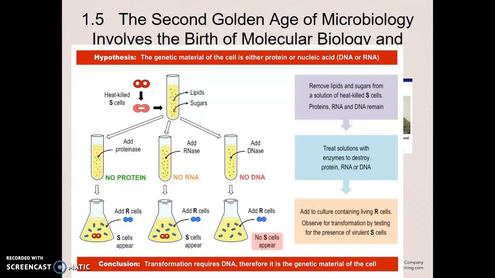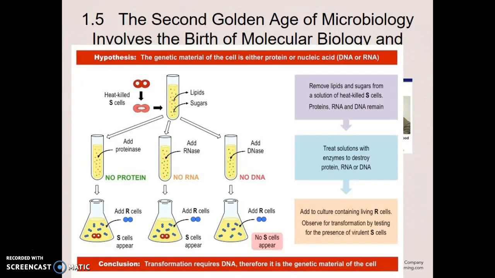They added proteases to one of the experimental tubes, and proteases are going to break down any proteins. They added RNases into another solution, and an RNase is going to break down any RNA. And then they added DNase to a third culture tube, and the DNase is going to break down any DNA.